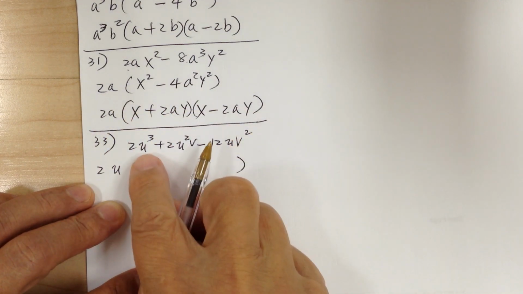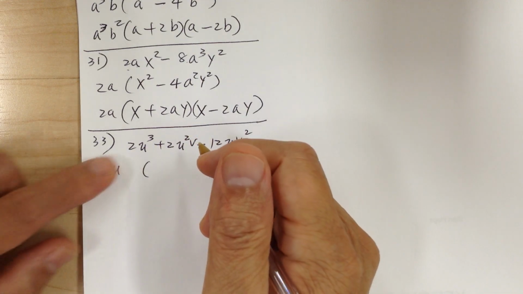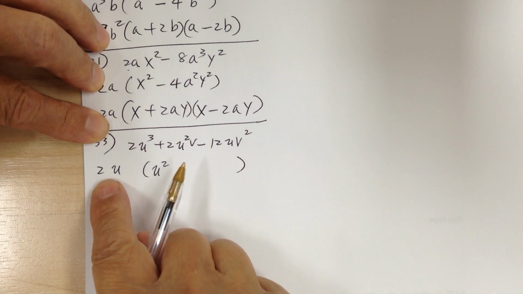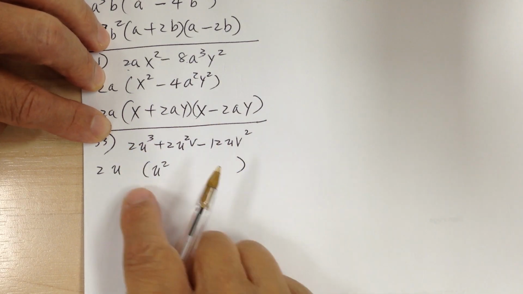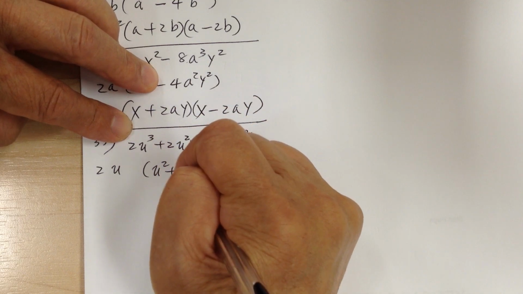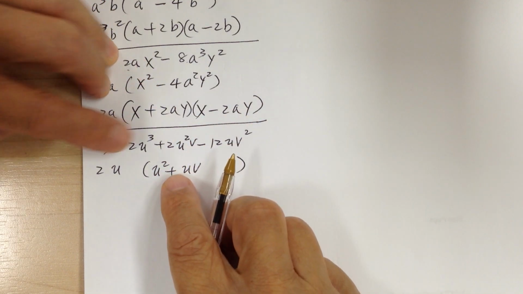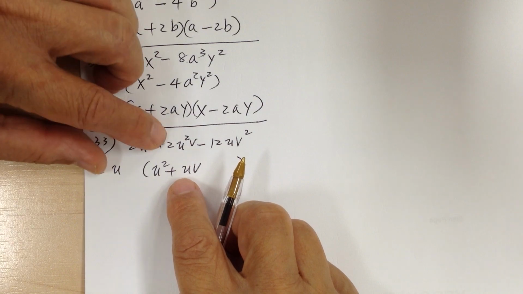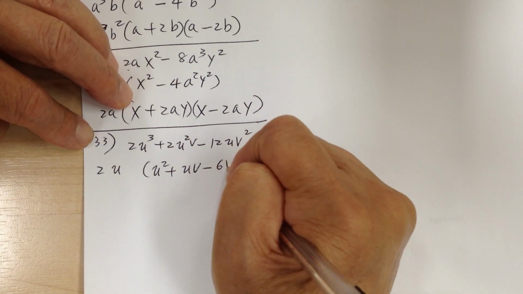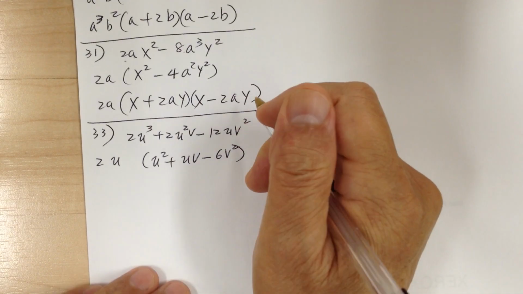We cannot factor out v because there's no v in the first term. If you factor out the 2u, you're going to get u squared. You can double check: 2u times u squared gives you 2u cubed, right? For this one, when you factor out the 2u, you get uv. Plus, sign, number, alphabet. And this one will be 6v squared.